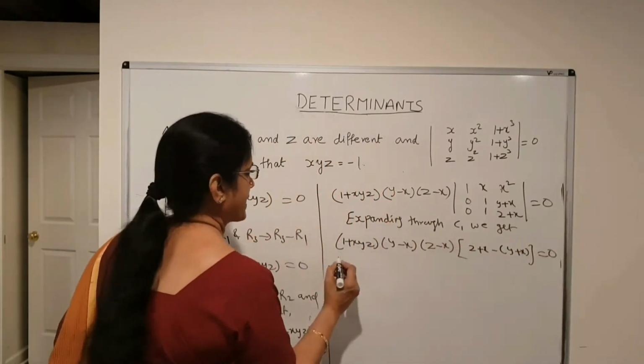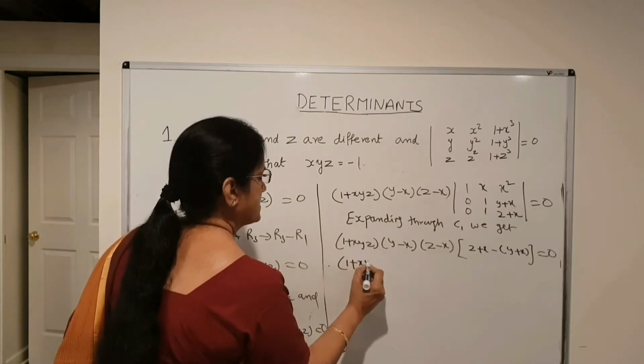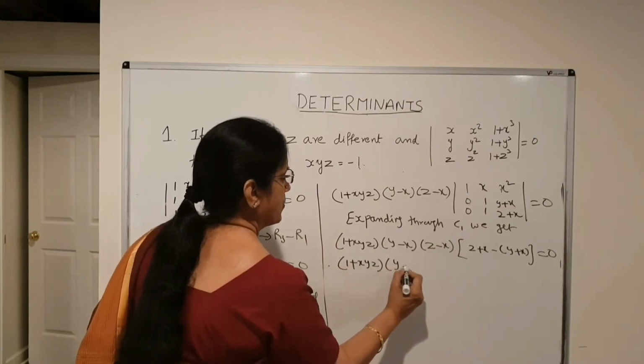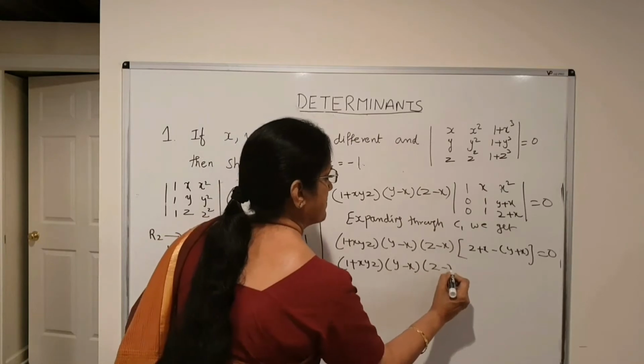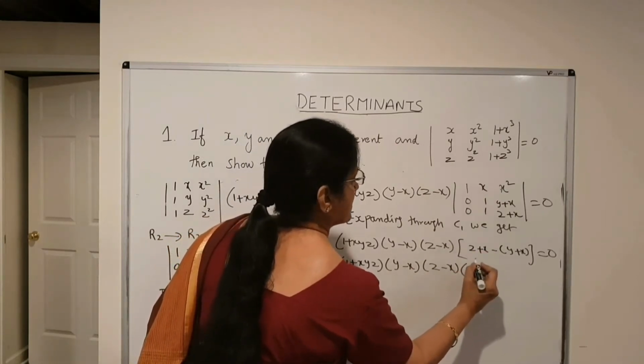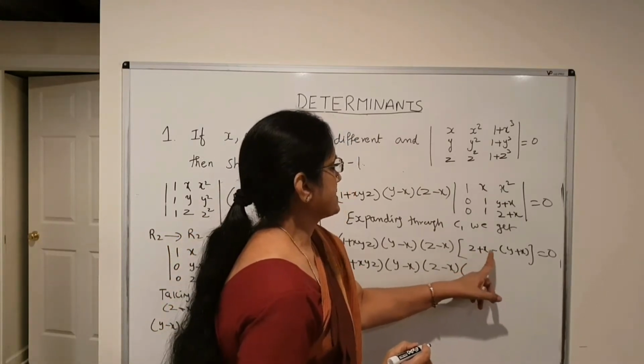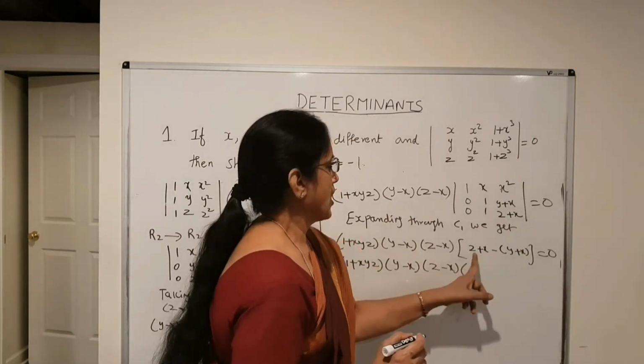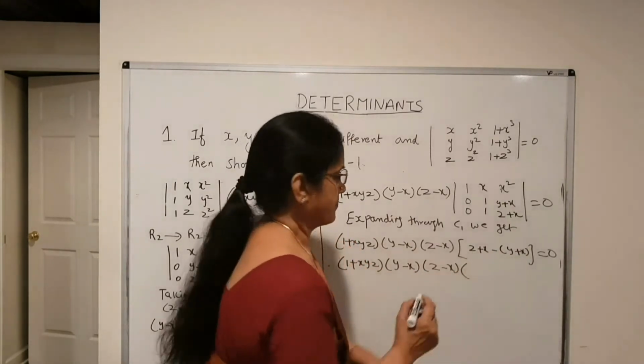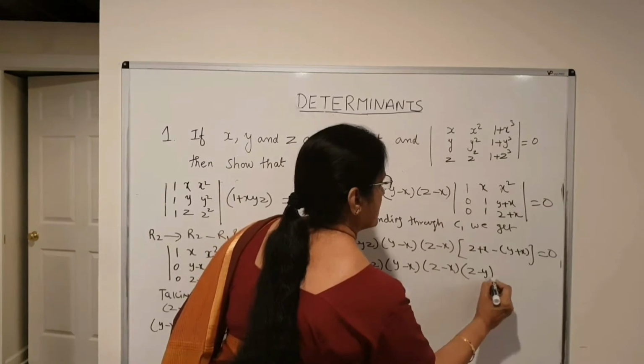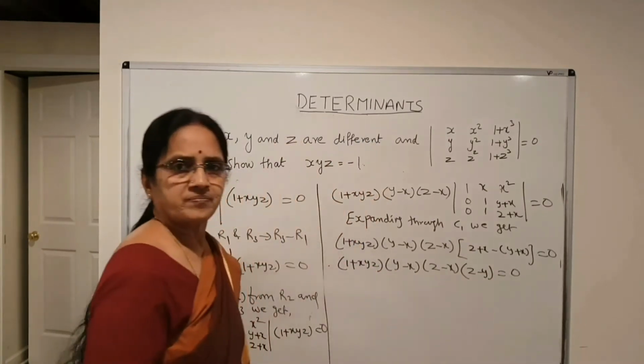Now if I remove the bracket over there, I will be getting 1 plus xyz into y minus x into z minus x into, here if I open the bracket, x and minus x will get cancelled. I will be left with only z minus y, equal to 0.